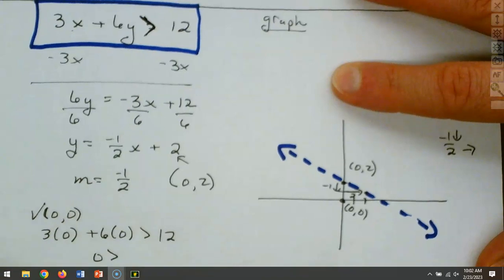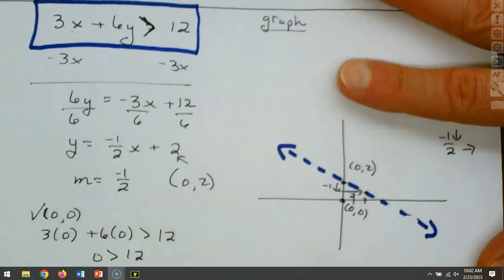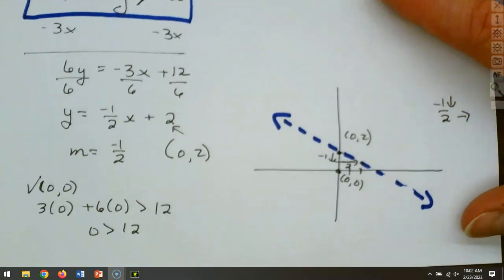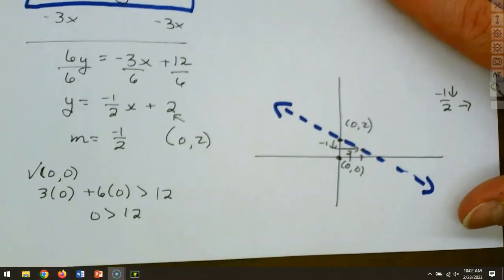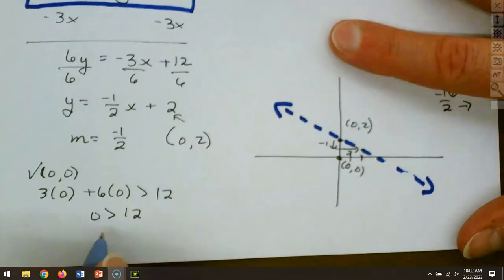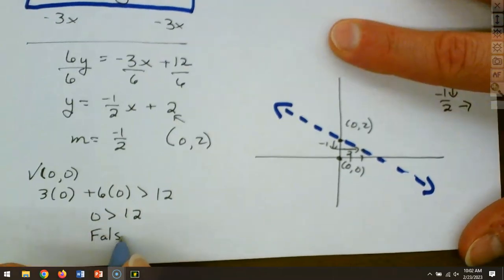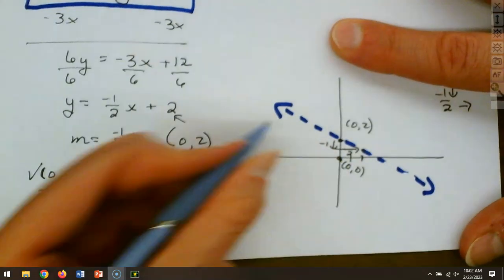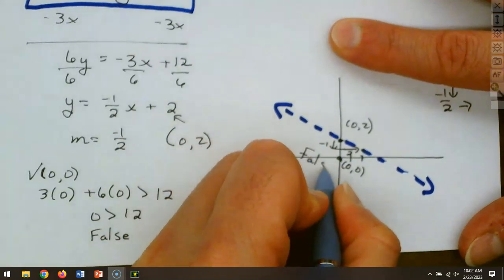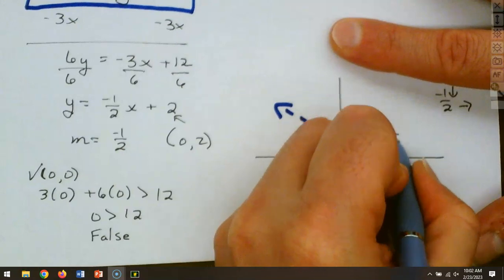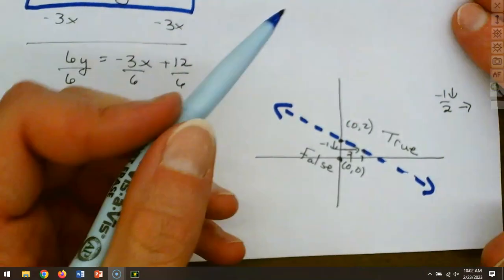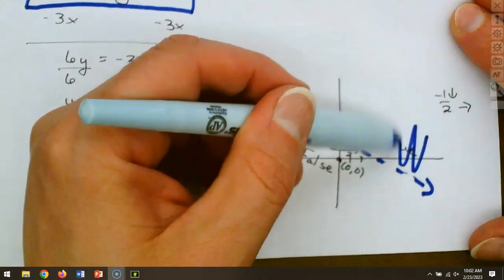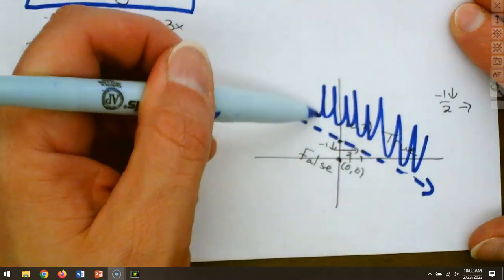So is 0 bigger than 12? Is that true or is that false now? It's not, is it? So that would make that then what? False. 0, 0 is here. So the lower half is false, the upper half is true, and where do we shade? We shade the true part, so we're going to be shading on top, and we're going to be shading up here.